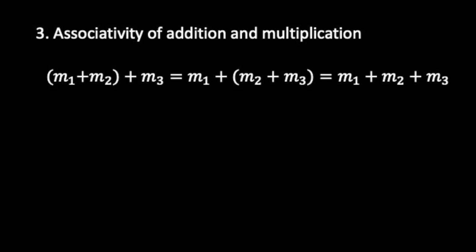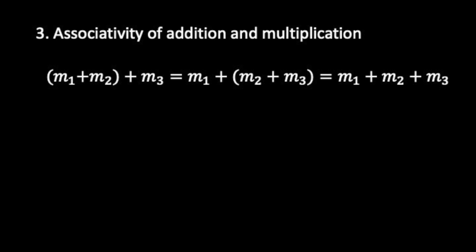The next property is the associativity of addition and multiplication. Let's first consider addition. When we add three metacomplex numbers, M1, M2, and M3 together, it doesn't matter in which order we do it.